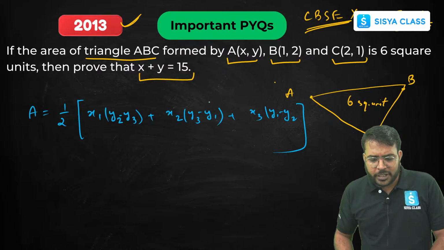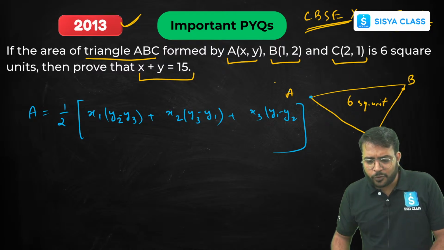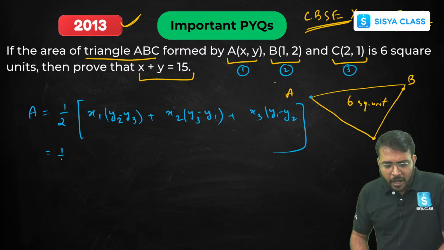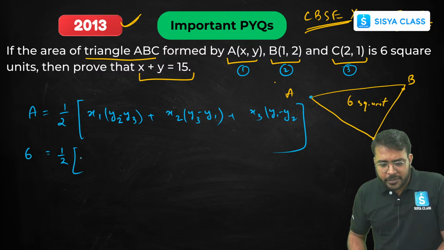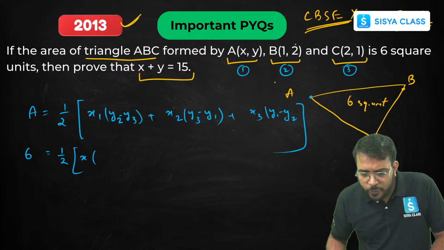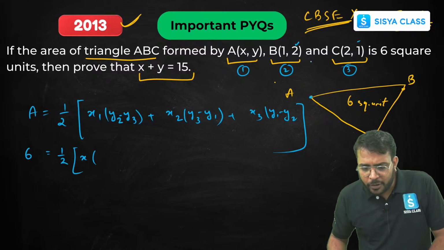So suppose this is my point 1, this is my point 2, this is my point 3. Half into x1, which is x, into y2 minus y3. y2 is 2 and y3 is 1, so 2 minus 1.